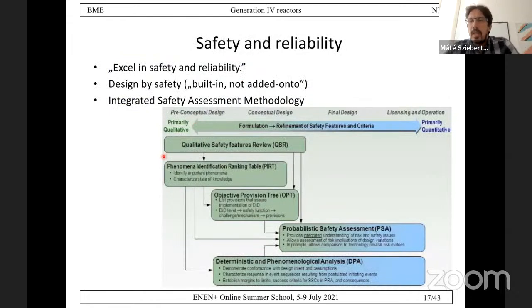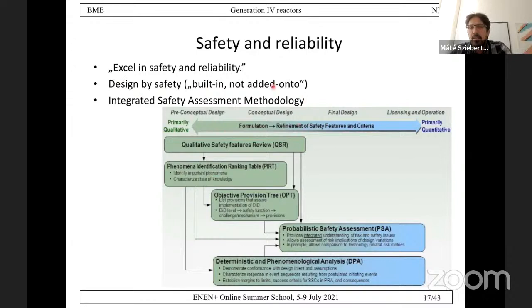Okay, and let's look into safety and reliability only very quickly. The most important thing is that the design should be what is called design by safety. So the design features are not added onto the reactor design, but built in, which means that throughout the complete design procedure, the safety has to be there.